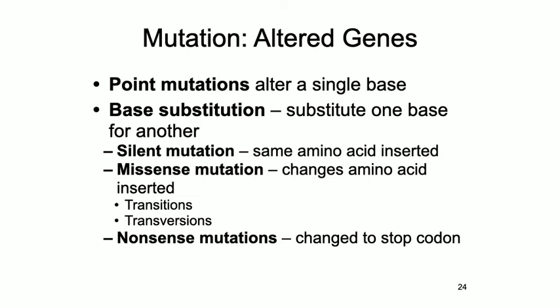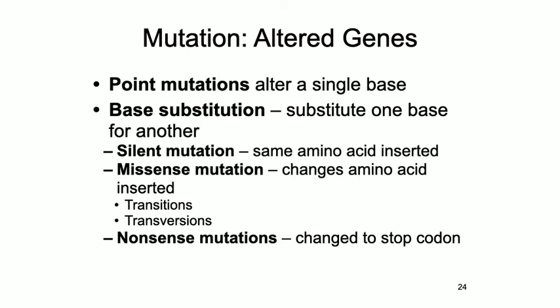And so if this happens early on in the gene, then instead of having, let's say, 1,000 amino acids in the chain, you can have some small amount like 20 or even 100, which of course would not create a functional protein.